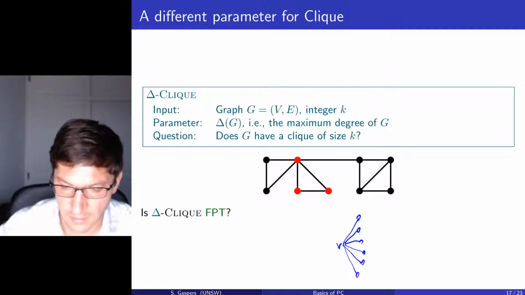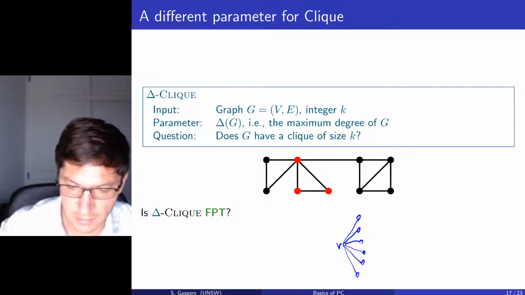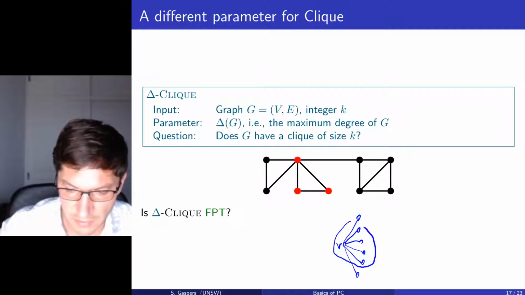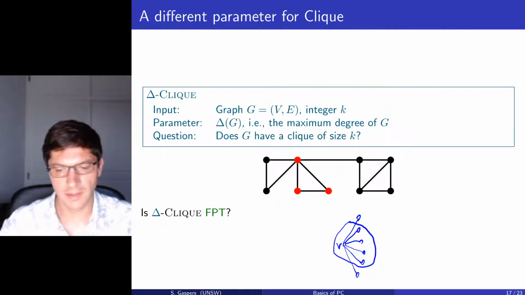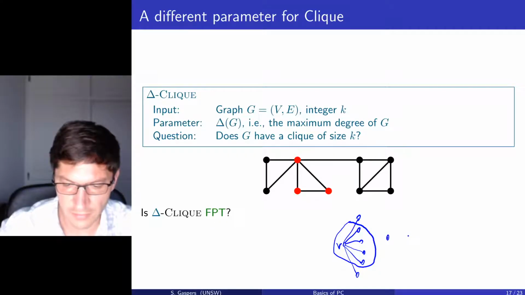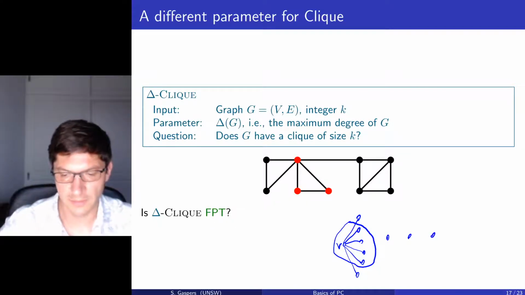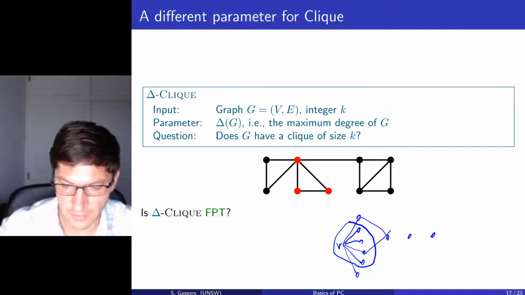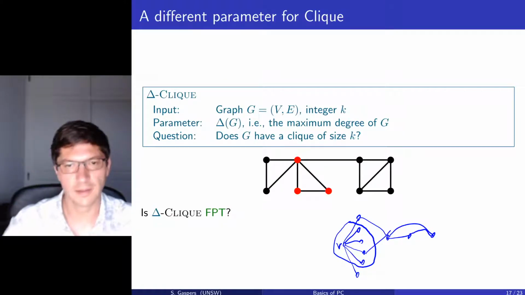How does the clique look like? Well, it will contain V and some of its neighbors, but it cannot contain any vertex that's not a neighbor of V, right? If there are other vertices in the graph that are farther away, then this clique cannot contain those vertices.